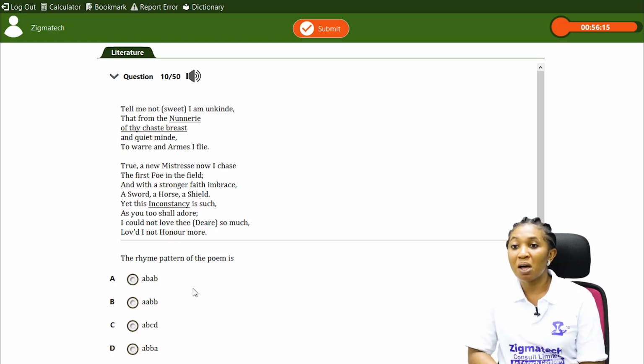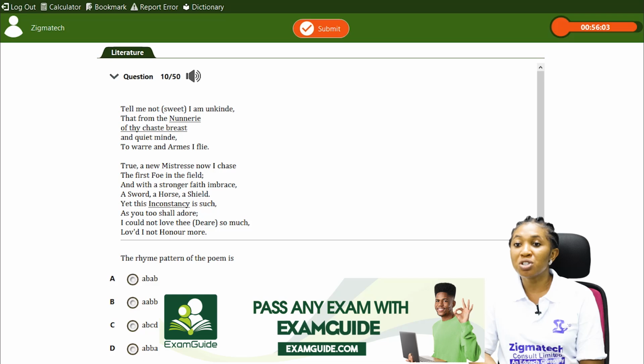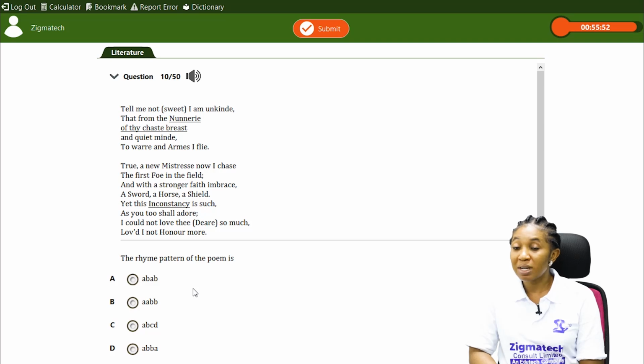True, a new mistress now I chase, the first foe in the field, and with a stronger faith embrace a sword, a horse, a shield. Yet this inconsistency is such as you too shall adore. I could not love thee, dear, so much, loved I not honor more. What is the rhyme pattern of the poem?